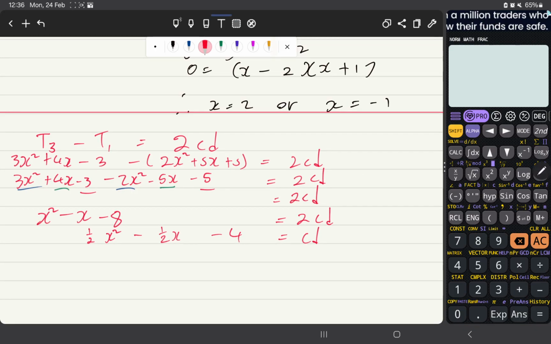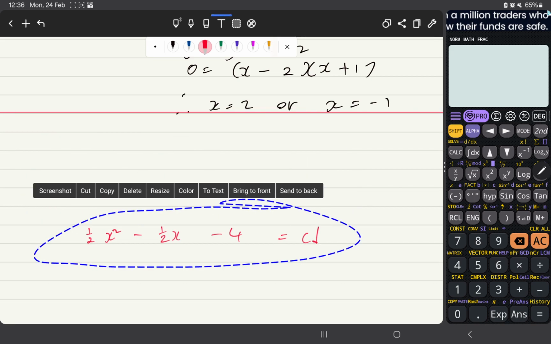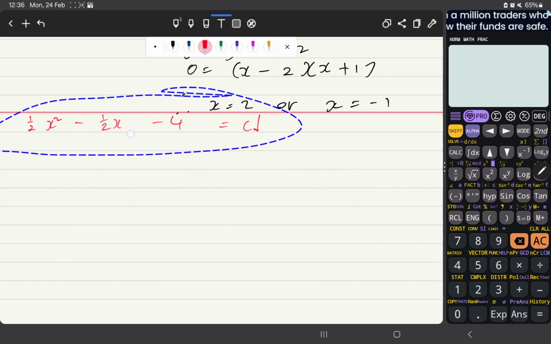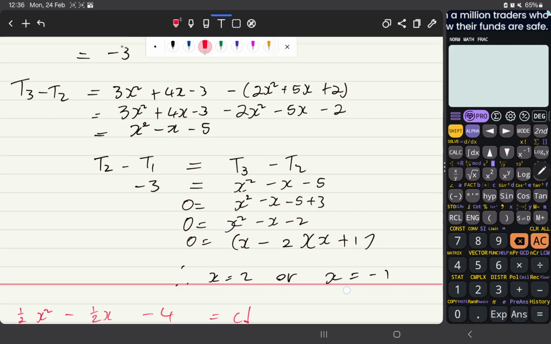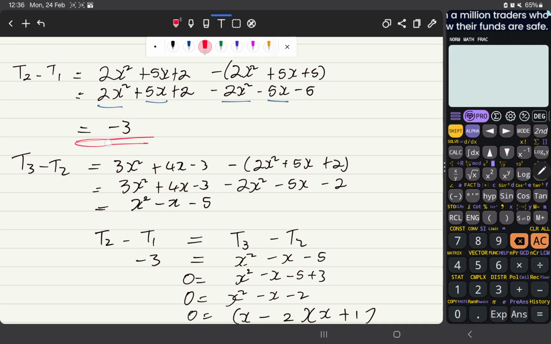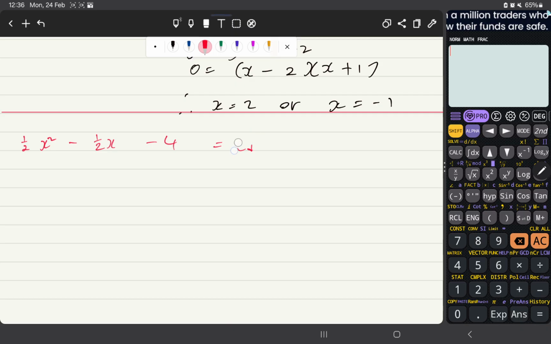Allow me to erase these parts. I'm going to delete, and then move this up for more space. Since that's my CD, and I also found that my common difference from here is minus 3, I can multiply everything by 2.